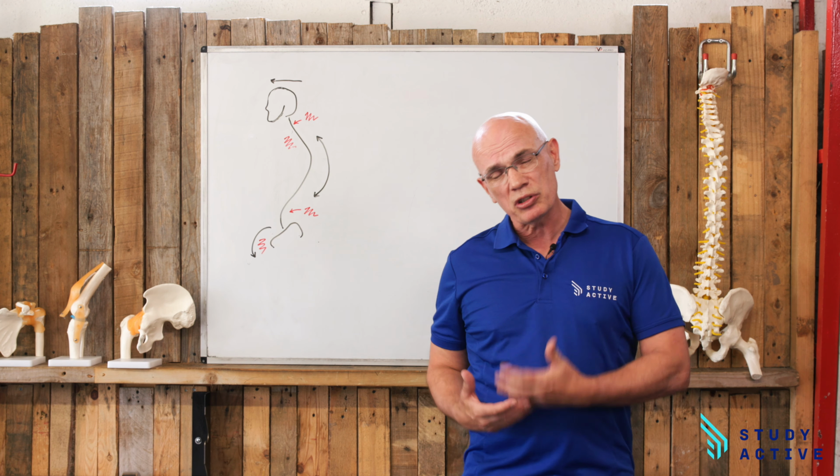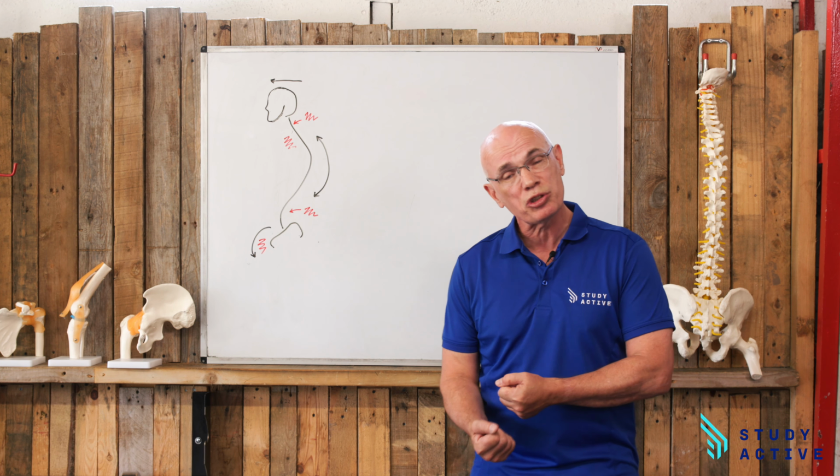If you go right back to your anatomy and physiology, you think about how actin and myosin work, the cross bridges that create those contractions. If the muscle is short, they're all going to be cramped up, and you're not going to be able to contract the muscle very well because it's already in a shortened position, just like you're not going to be able to contract it very well if it's in a lengthened position. So if it's in a shortened position, we definitely need to stretch it out and relax that muscle to some degree.